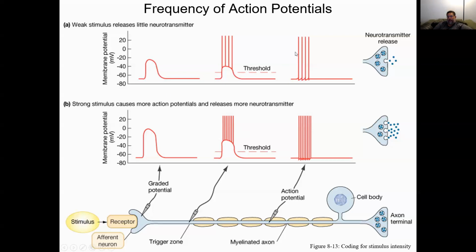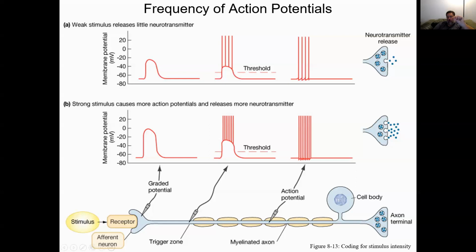That's the difference: these action potentials are all the same height. A small graded potential resulted in a handful of action potentials. I'll get into more images describing a graded potential in a moment.